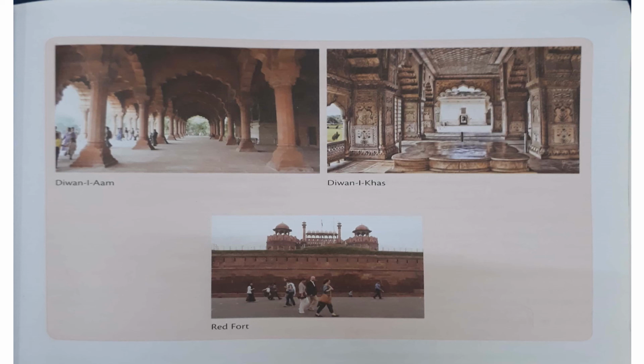Among the most famous structures of the complex are the Hall of Public Audience, called Diwan-e-Aam, which has 60 red sandstone pillars supporting a flat roof, and the Hall of Private Audience, called Diwan-e-Khas, which is smaller with a pavilion of white marble. This is also in Agra and also in Delhi.